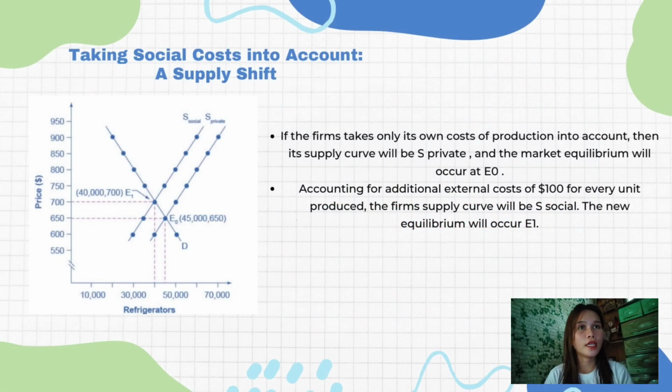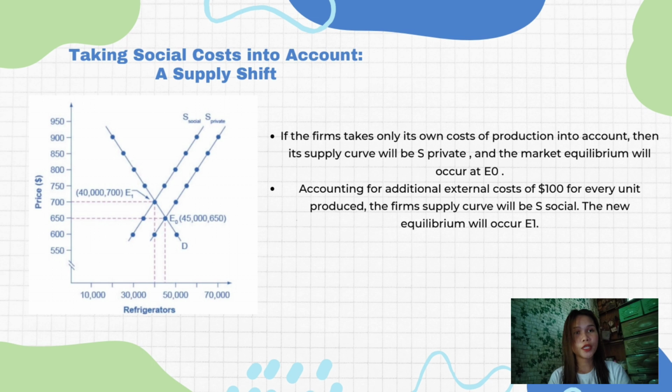So let's take a look at this graph as a supply shift, taking social cost into account. If the firm takes only its own production cost into account, then the supply curve will be the private one, and the equilibrium will be at E0, a certain amount of output and a certain price.